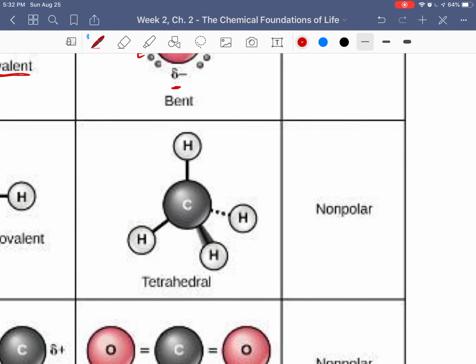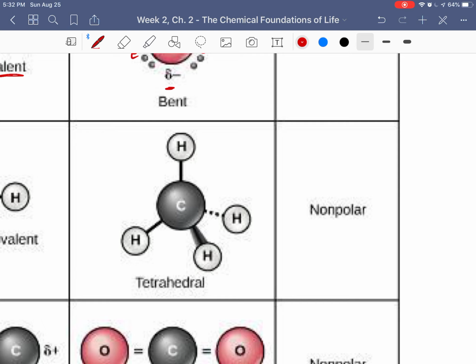Methane has a single carbon, and it's basically surrounded on all sides by hydrogen. So it is literally a carbon star surrounded by a hydrogen posse.